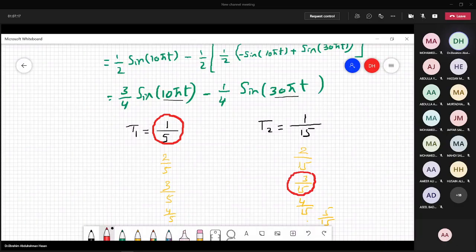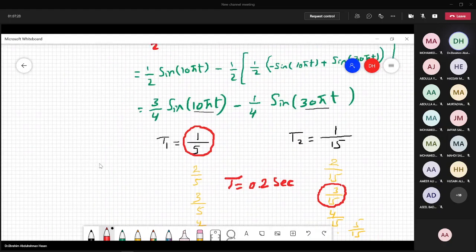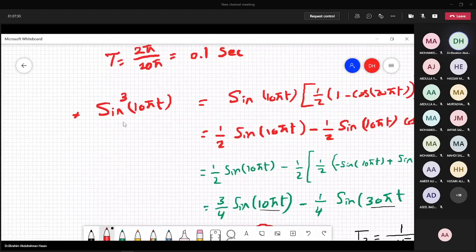The period is the lowest common between the two, so T will be equal to 1 over 5, which is equal to 0.2 seconds. So the period of this signal is equal to 0.2 seconds.